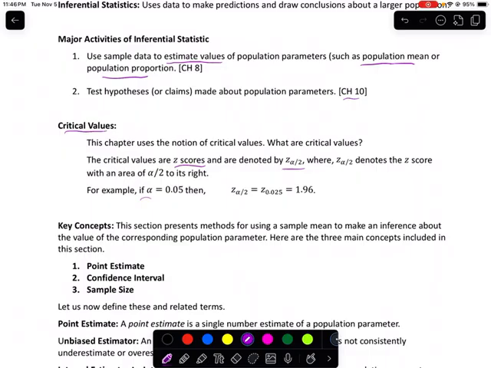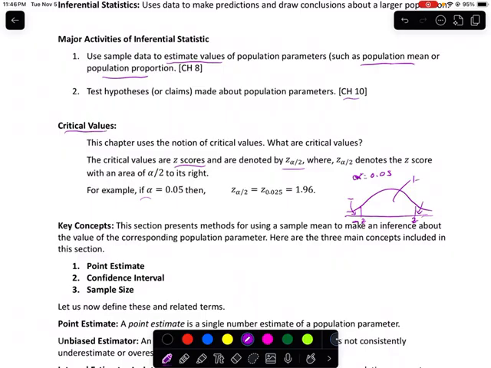So for example, if alpha is equal to 0.05. Notice here, we did these types of questions before in chapter 7. So this is negative z and this is z, and we know that the area over here and here combined is alpha. So alpha is equal to 0.05.